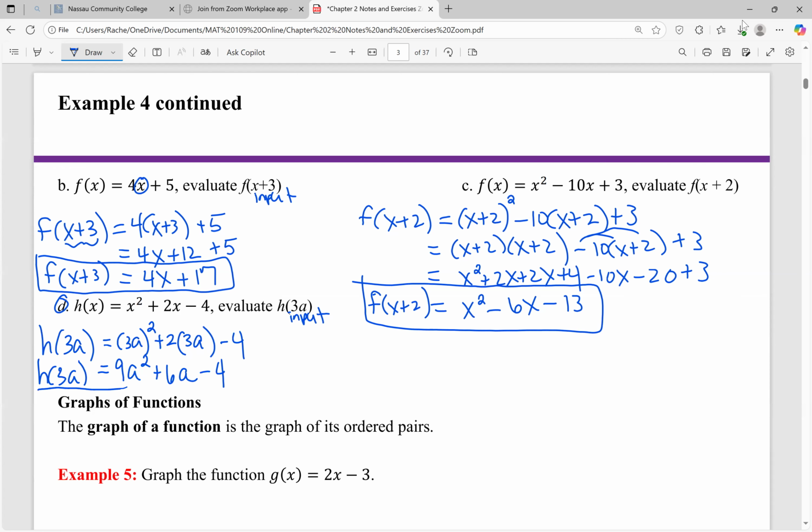So h of 3a is equal to 9a squared plus 6a minus 4. So that's how we evaluate a function at a given value, at a given input.